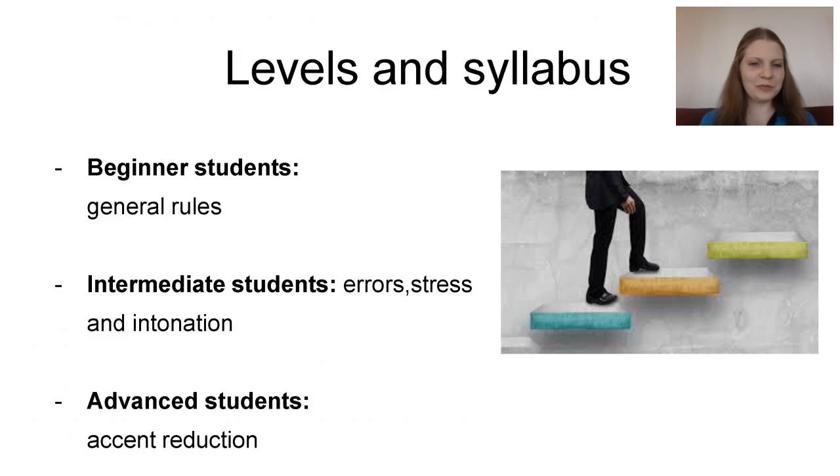So this is the time to work on individual and common errors, and also to polish stress and intonation. And in fact, the toughest point, in my opinion, is when you have an advanced student, because very often their English would be so advanced that the only thing that technically differentiates them from native speakers is their accent. So at advanced level, students are usually quite obsessed with accent reduction, and this might be the most stubborn problem for them.